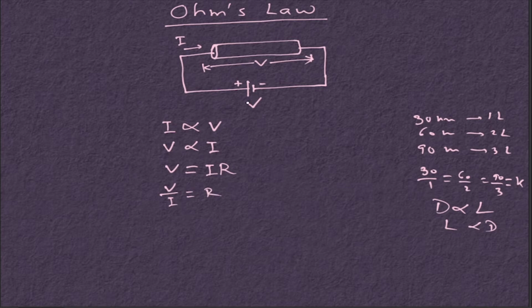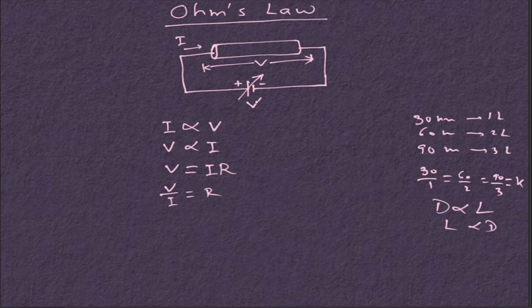Now, this is the symbol for variable voltage. If this voltage is changed, you can place another battery here for changing the voltage, and still another for changing it further.